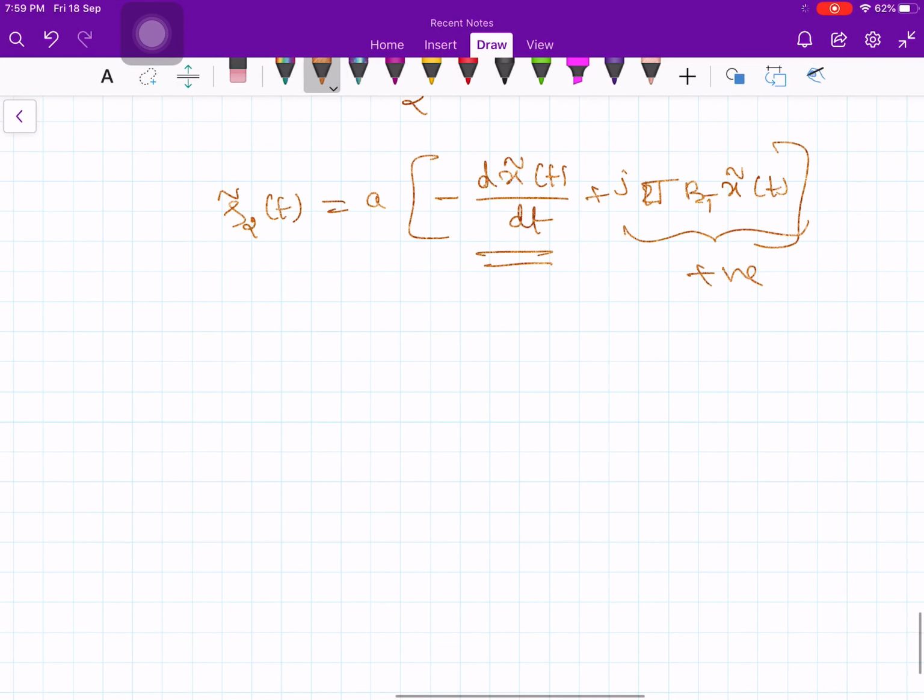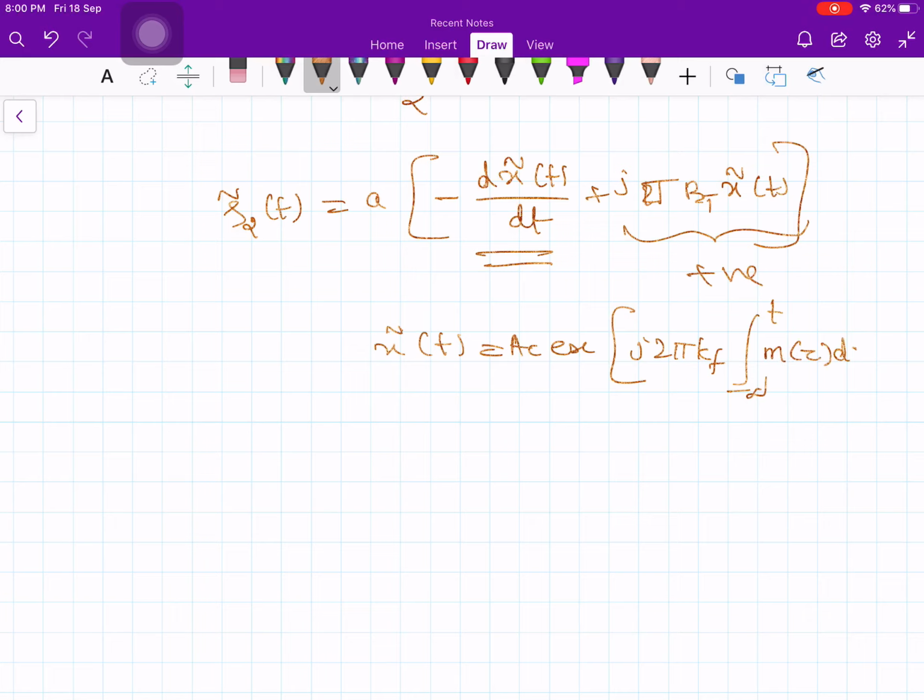So finally, if you include the carrier component, x tilde of t is what? It is AC times exponential of j times 2 pi kf integral of minus infinity to t m of tau d tau.